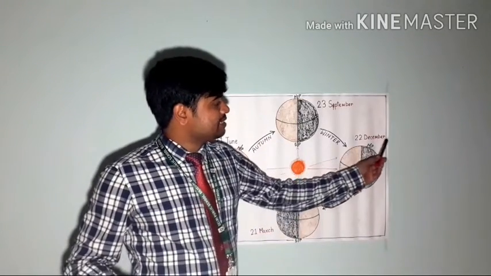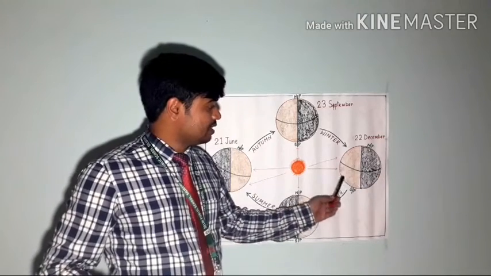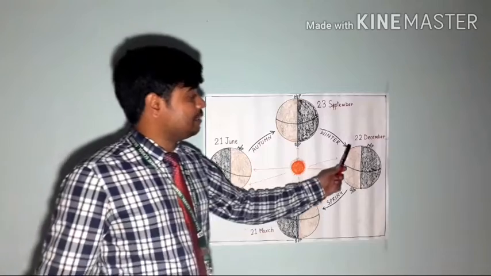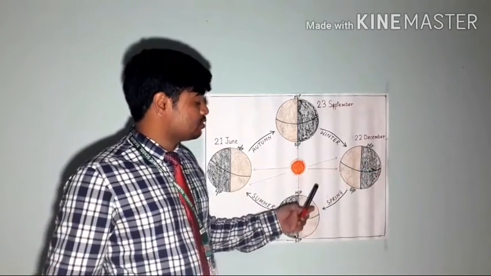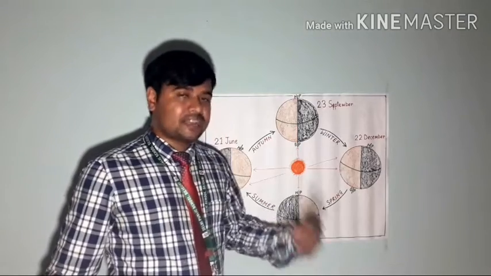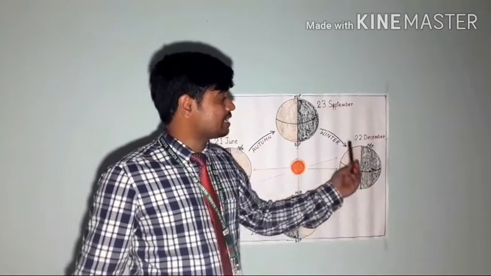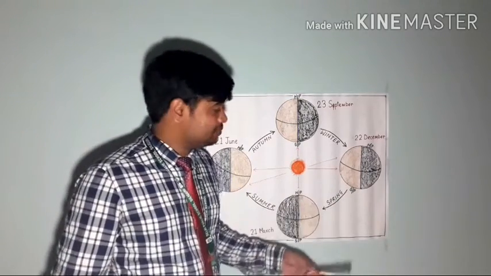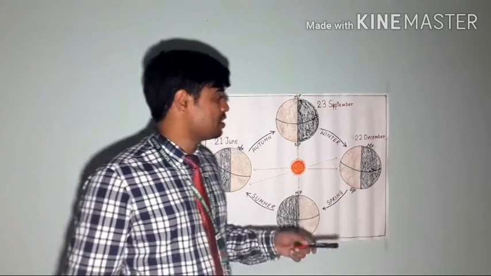Again on 22nd of December, the southern hemisphere comes closer to the sun, and this time the northern hemisphere is away from the sun. So the Tropic of Capricorn gets direct sun rays on 22nd of December, and the southern hemisphere experiences the longest day and shortest night.